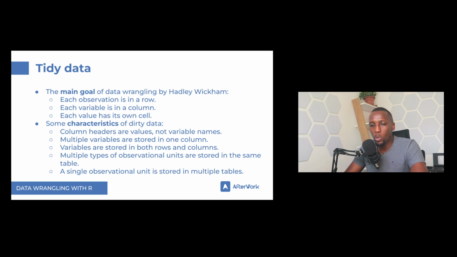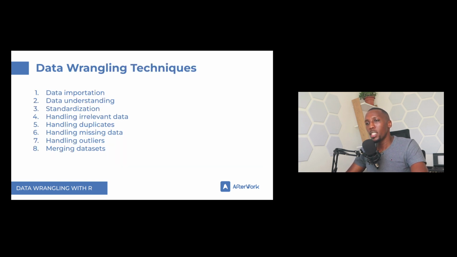Maybe you have users' information, maybe records, stored in one table, and in another table you also have the same information, so you might want to figure out a way of merging that data and making it organized in a way that you can perform data analysis with ease.